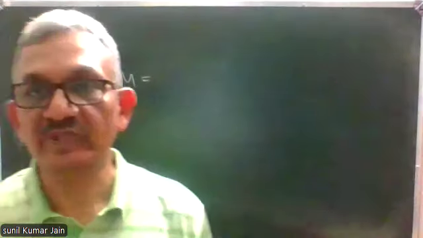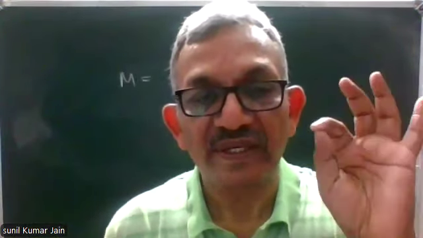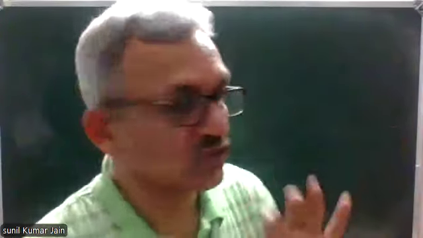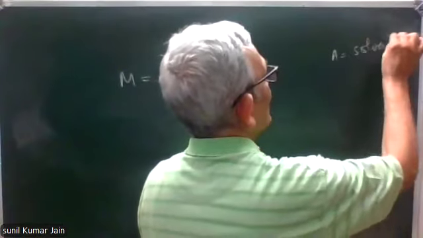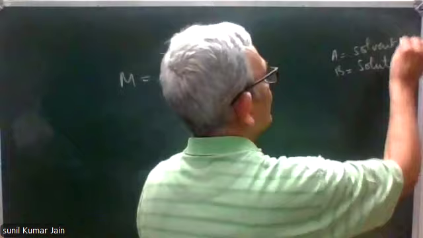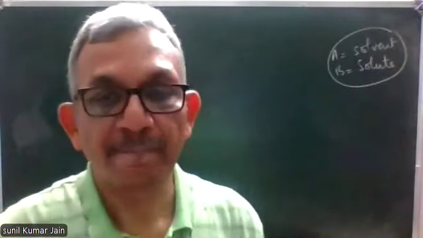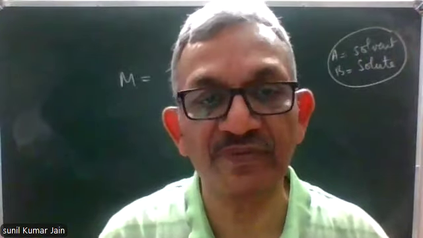Symbol for molarity, you know, is capital M is equal to. Now, in this chapter, we'll use symbol A for solvent and B for solute. In the entire chapter, A will be used for solvent, B for solute.